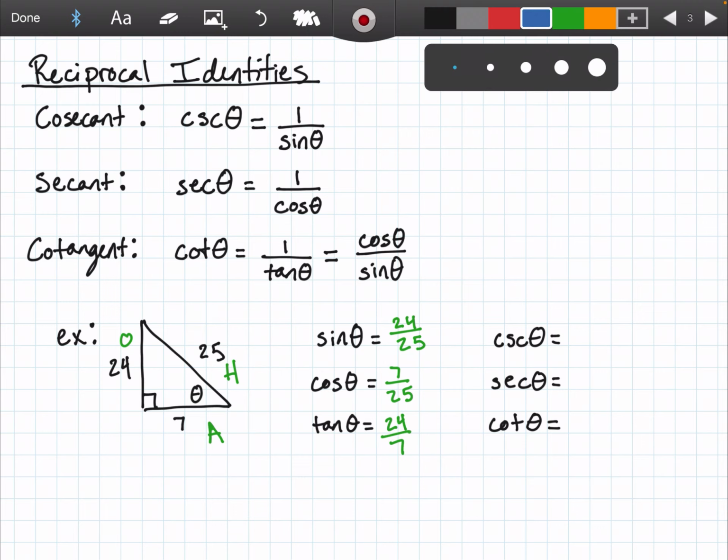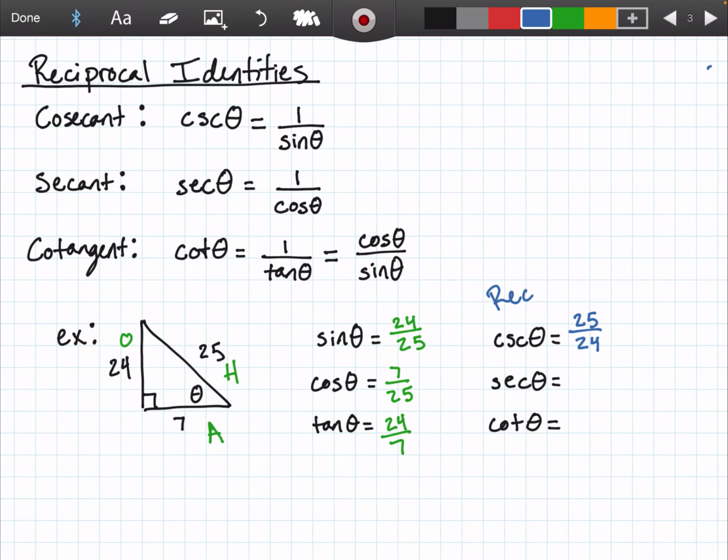Well, if I want the reciprocal identities, cosecant is the reciprocal of sine, meaning since sine is 24 over 25, cosecant is 25 over 24, because I just take the reciprocals. If I want to find secant, well, secant is the reciprocal of cosine.